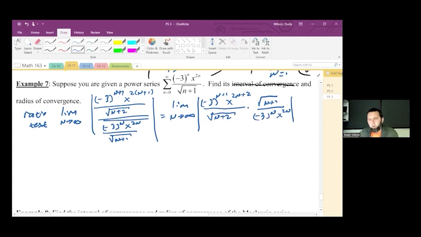All right, notice the absolute value takes care of all the negatives, so we don't have to worry about that, but we do have to account for the fact that those are 3's.